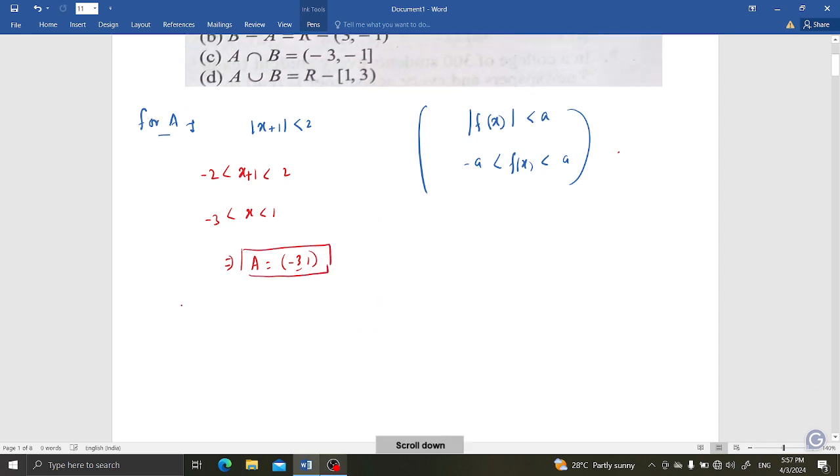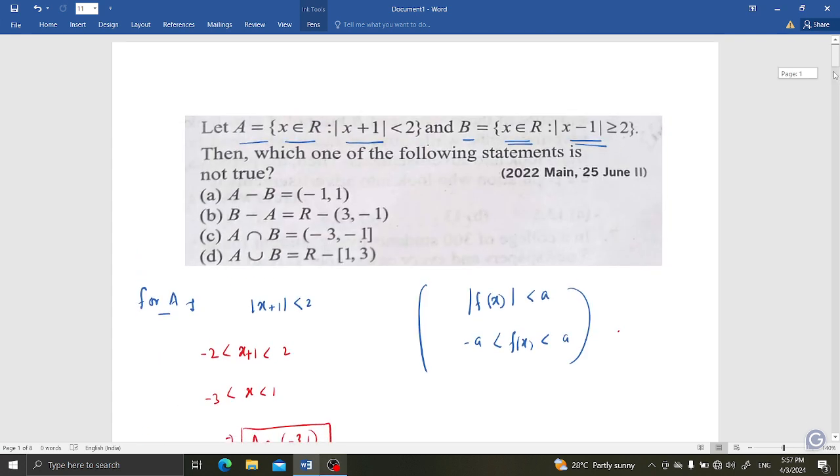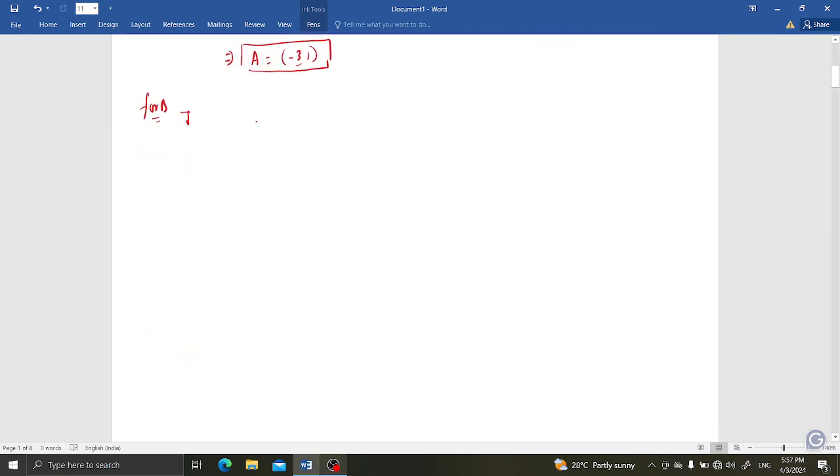Now, for B, how is B defined? Mod of x minus 1 greater than or equal to 2.